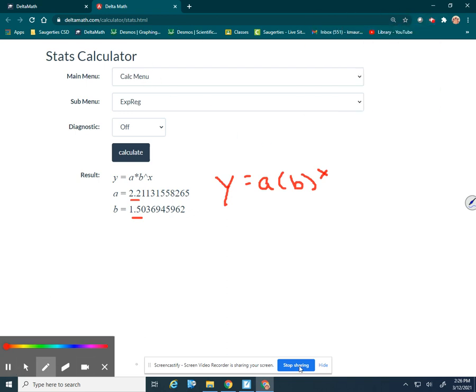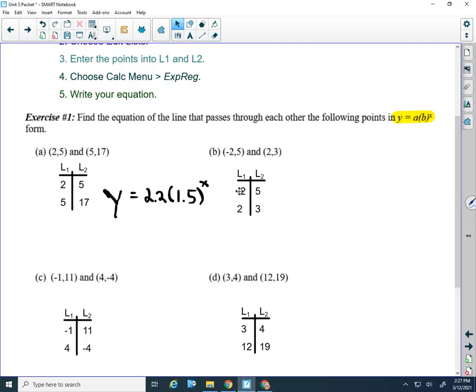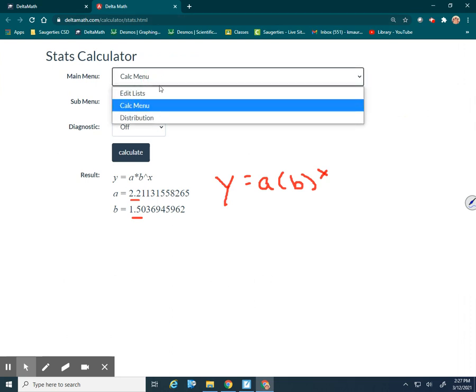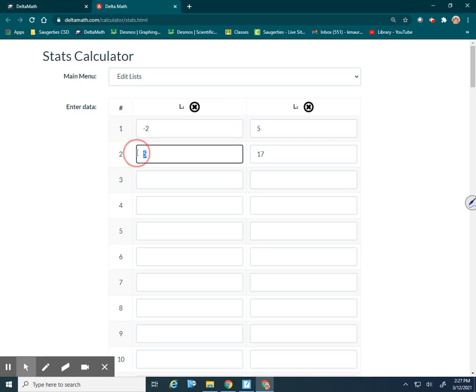Let me pause it. Okay, so I'm going to put my pointer on and do letter B, negative 2, 5 and 2, 3. So I go back to edit, negative 2, 5, I just have to throw in a negative here, and 2, 3.